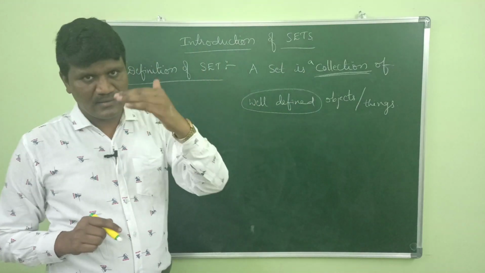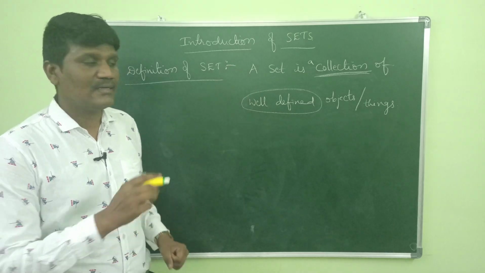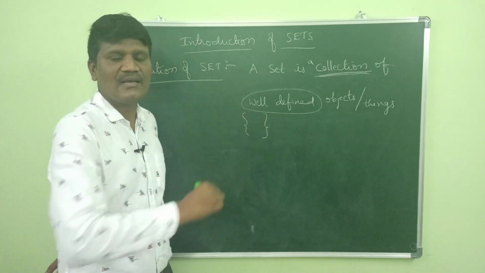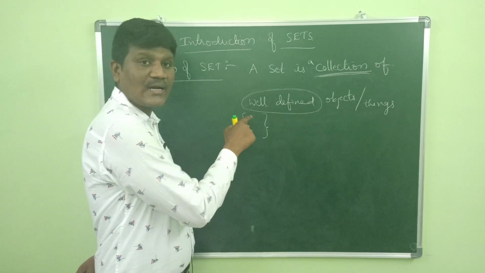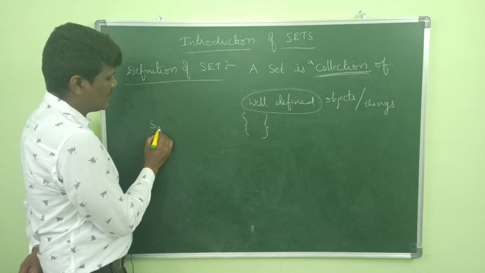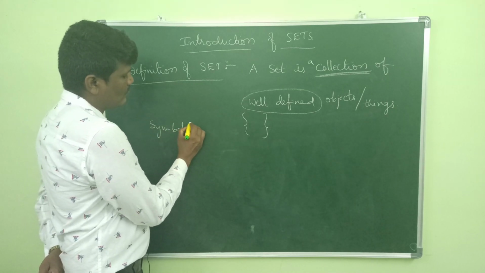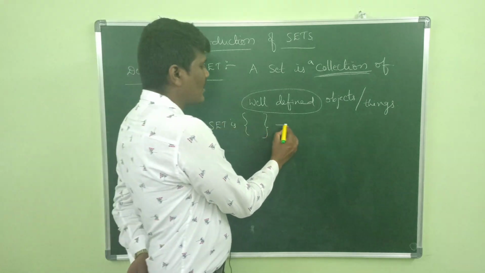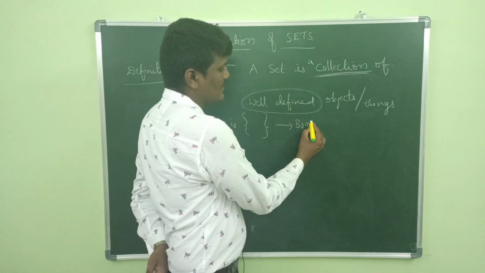We will represent a set in brace bracket form. We will write the elements in brace brackets. This is the symbol of a set. This bracket we call a brace bracket.